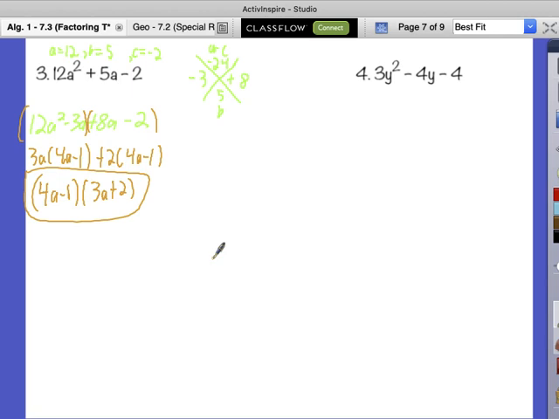I'm stuck again. Oh, no. This one's still y squared. This one's just -2, because you took the y. Does that make more sense? Right. I think this one might not fit.